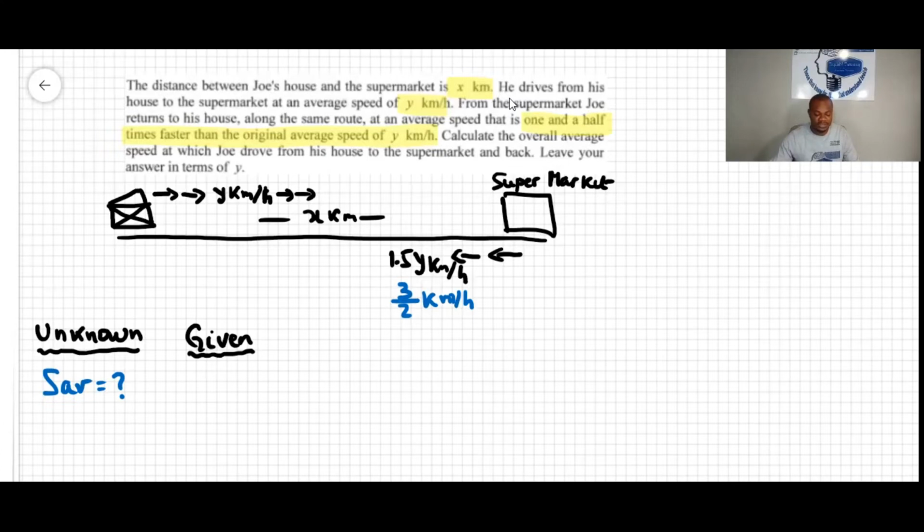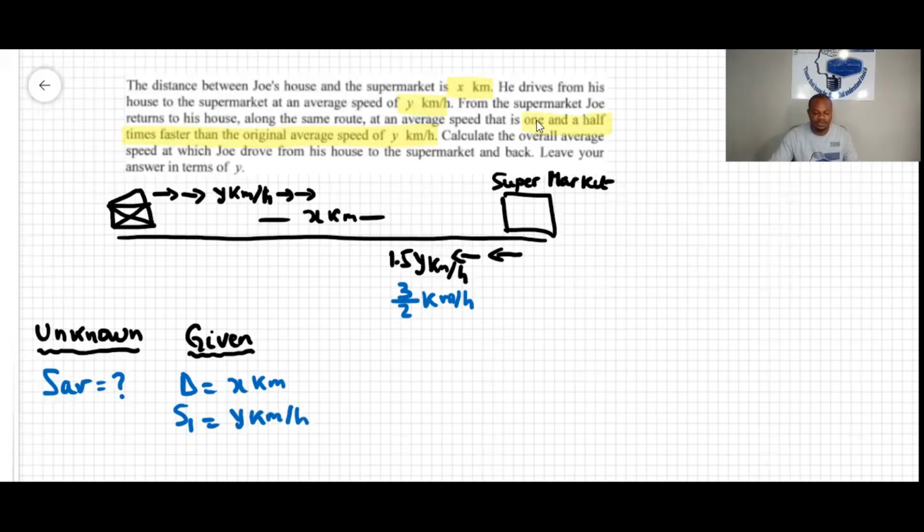So the distance D will be X kilometers. And then the question continues, he drives from his house to the supermarket at an average speed of Y kilometers per hour. So the speed from his house to the supermarket, let's call it speed 1, S1, is equal to Y kilometers per hour.